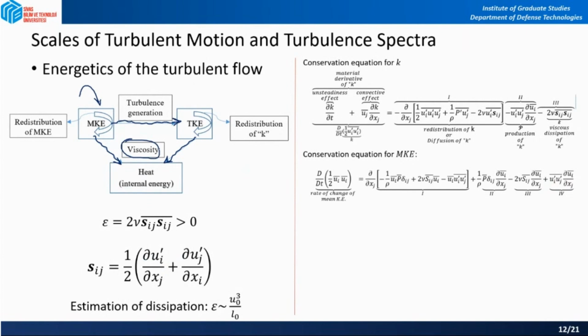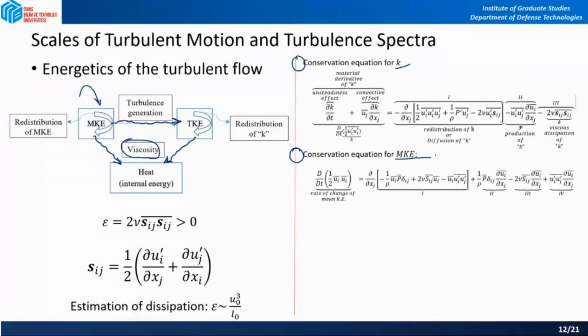We will talk more about this later, but this is how we relate all this phenomenological understanding of eddies, energy cascade, and energy loss at smaller scales to the equations. So we have conservation of K, and we have conservation of mean kinetic energy.